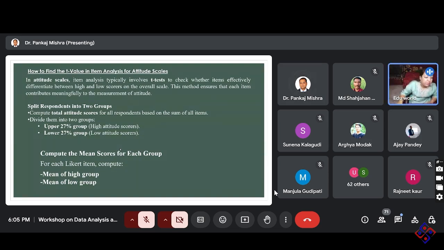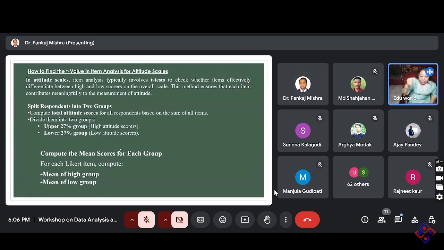We have to split the respondents into two groups, upper 27% and lower 27%. Upper 27% means high attitude. That means they have a positive attitude towards that service or that product. And the lower 27% means they have a negative attitude. Based on that, we have to see the data.